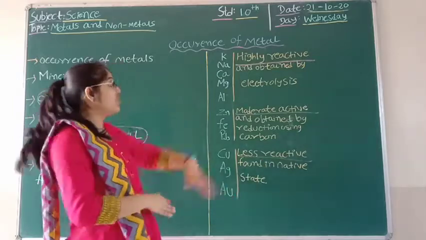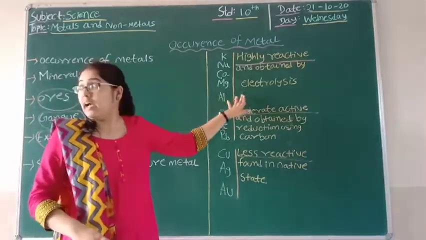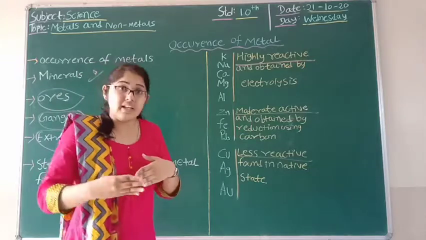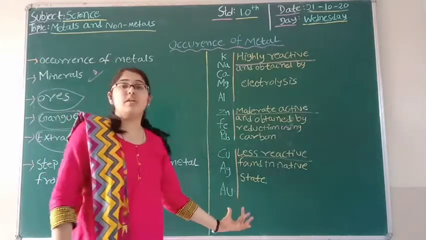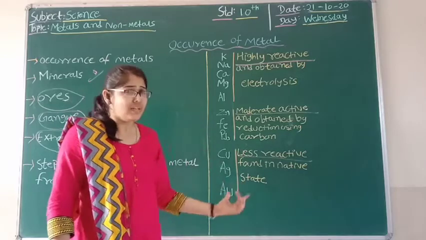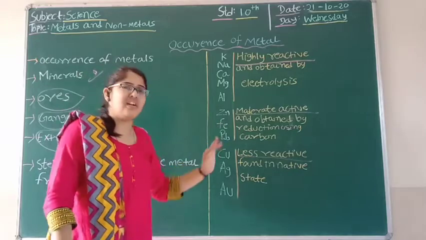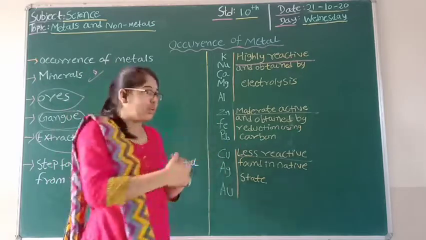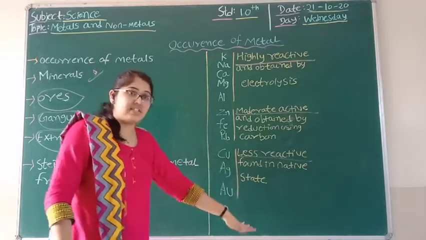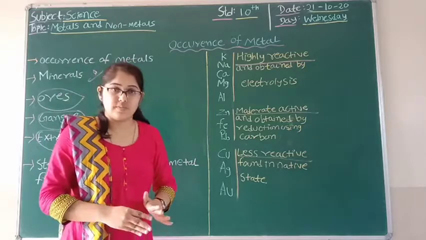So what is the difference between highly and least reactive? The highly reactive elements have reactivity that is high as compared to copper and gold, which are less reactive. Within the middle order, those metals are moderately reactive, which are more reactive than the least reactive metals and less reactive than the highly reactive metals.